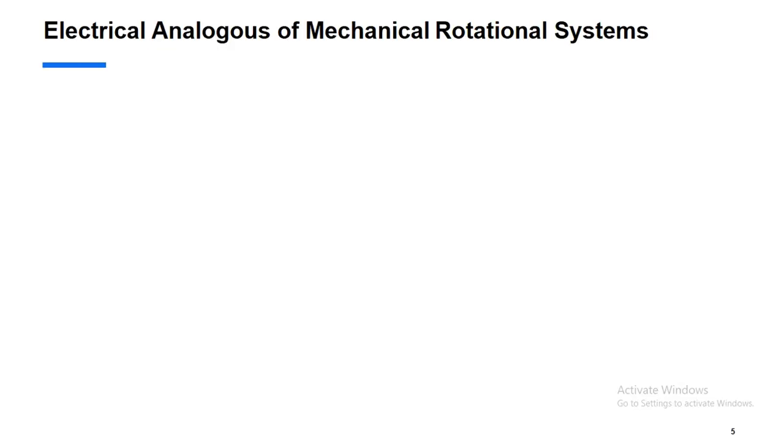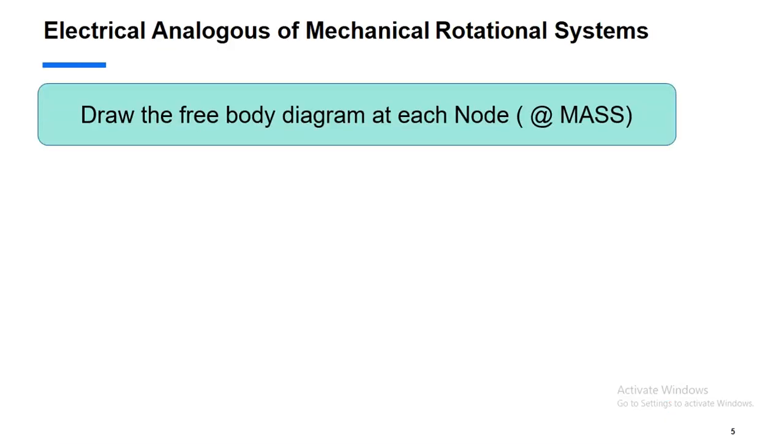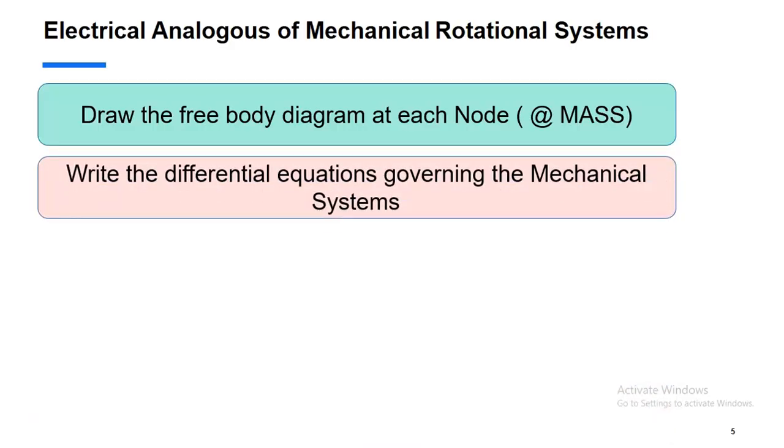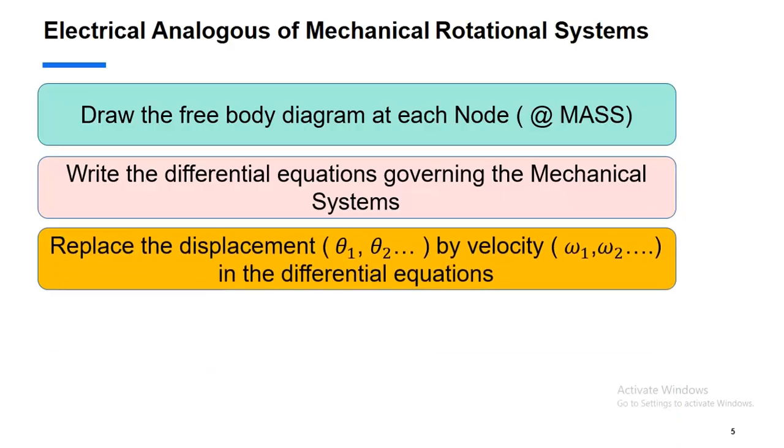Now we will see what are the different steps we have to follow to get an electrical analogy of the mechanical rotational system. First, we have to draw a free body diagram at each node, that is J. Then we have to write the differential equations governing the mechanical rotational system.